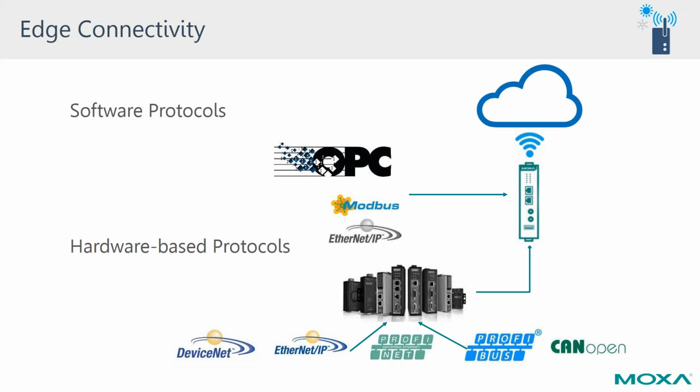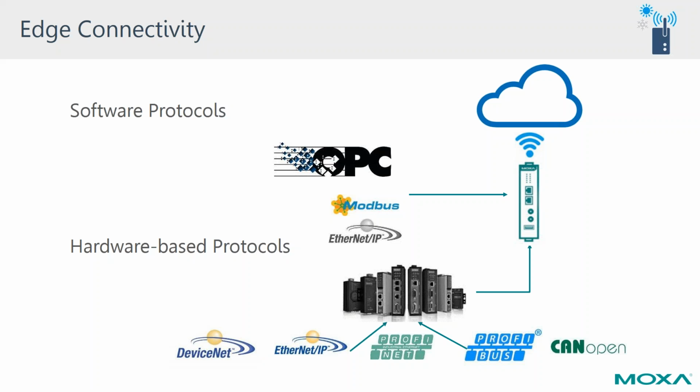Some of this can be done in software, but some of this is still hardware-based protocol conversion. So you have different protocols here that can be done in software over an Ethernet or serial connection, and some do require the hardware. Things like Modbus, both serial or Modbus TCP, Ethernet IP, Profinet, these are all Ethernet-based protocols that you can bring directly into that gateway. Then you have other protocols like Profibus or CAN.